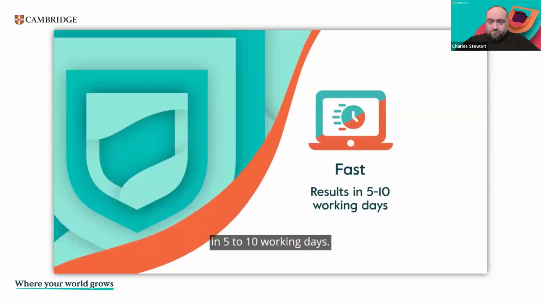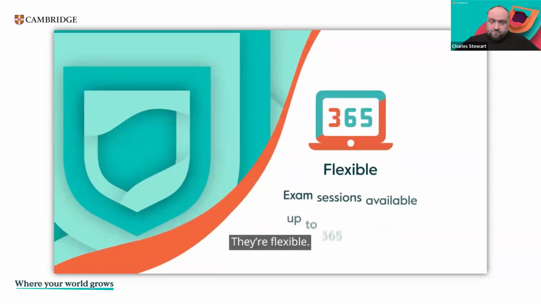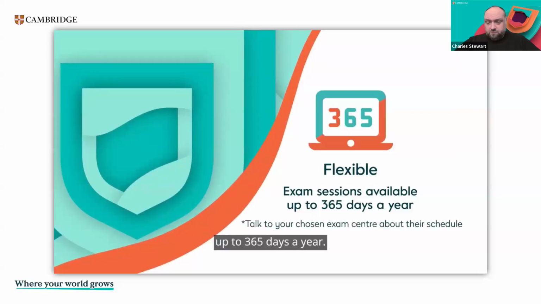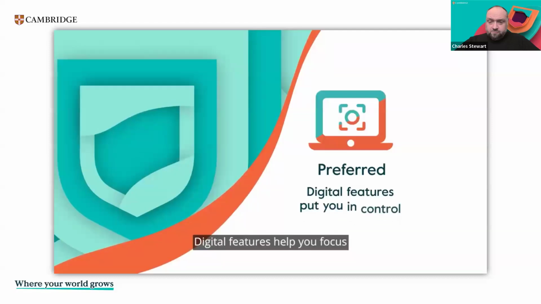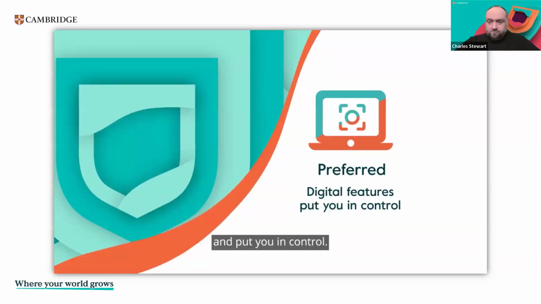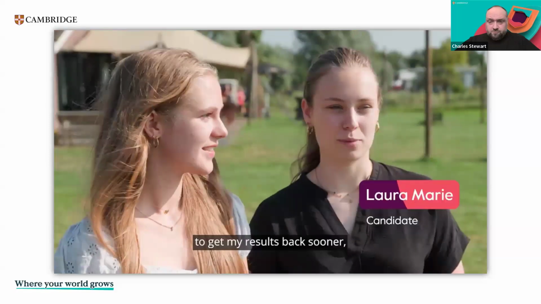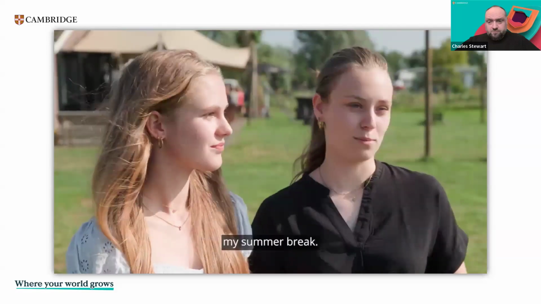Results will be ready in 5 to 10 working days. They're flexible. Exam sessions are available up to 365 days a year. And they're preferred. Digital features help you focus and put you in control. I'm very excited to get my results back sooner. Otherwise, I have to wait for such a long time, and now I can get it before my summer break.